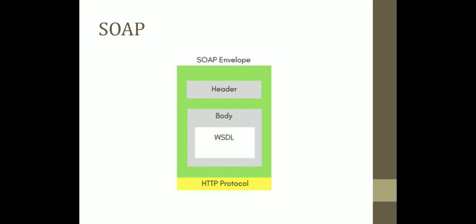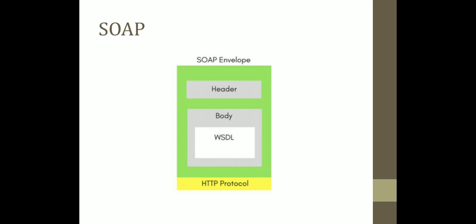In simple words, SOAP is a mechanism which is used to send a request over the internet with the help of HTTP protocol, and in return get a response in XML format again.